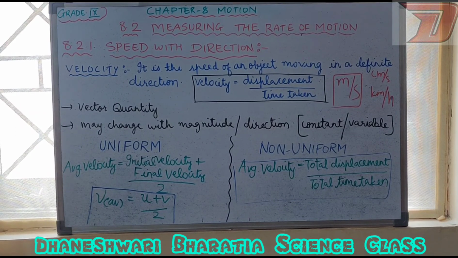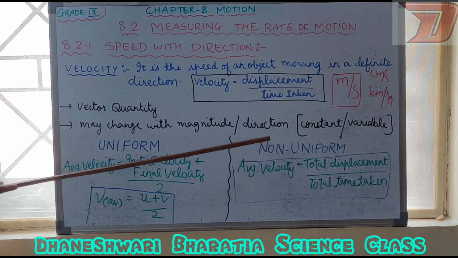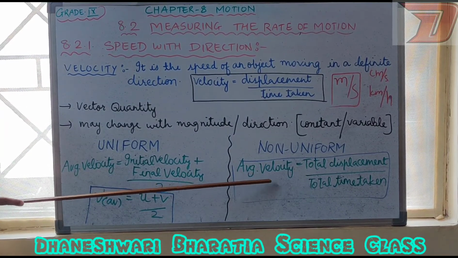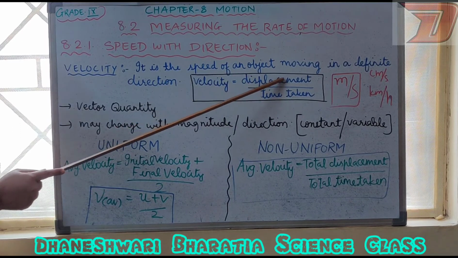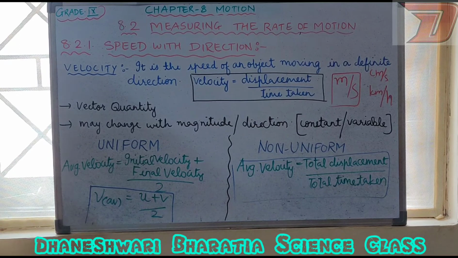Now just a few minutes before, we have done the discussion about how to find the average speed in case of non-uniform motion. So if the motion is non-uniform, then how to find the average velocity? It is going to be the same way like we have found average speed. So here the total displacement per total time taken, right?